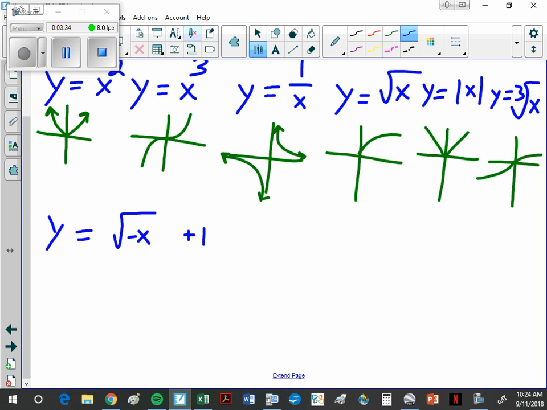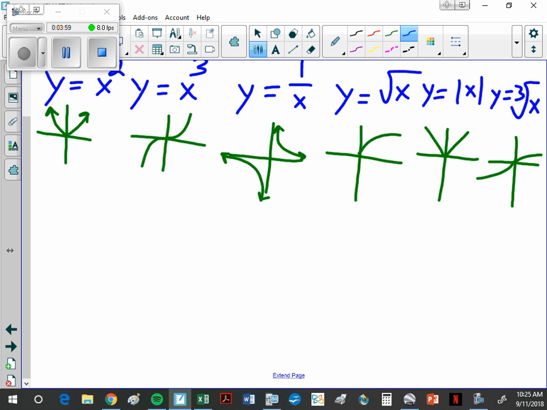It reflects across the y-axis. All the positive x's become negative x's, and the negative x's become positive x's. Okay, and then I add 1. So my original graph is over here. I flip it over here, and then I go up 1. So it looks like this. Going all right with that?